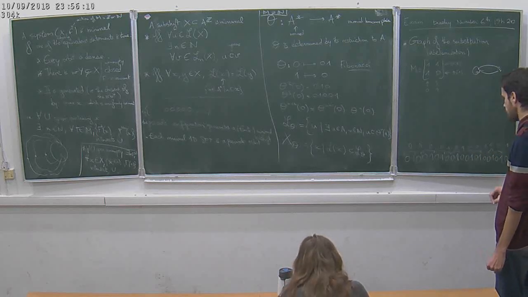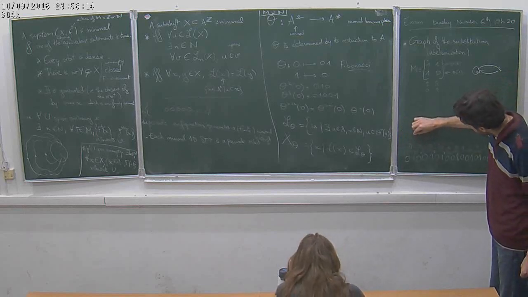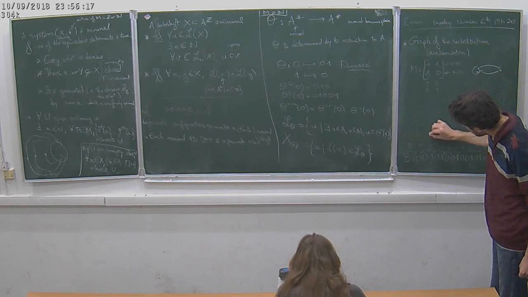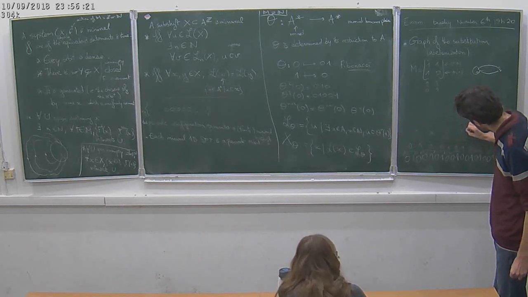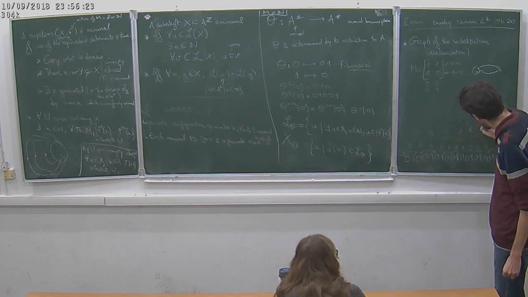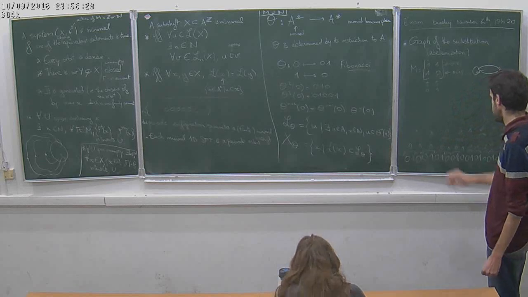This was 1. Okay, and now I can do it again. This is 0, 1, 0, 0, 1, 0, 1, 0.